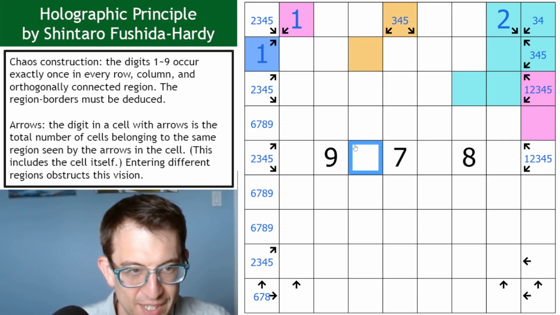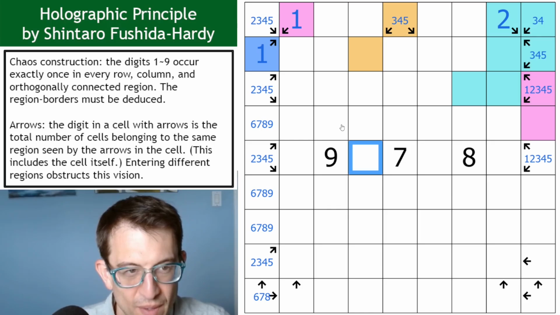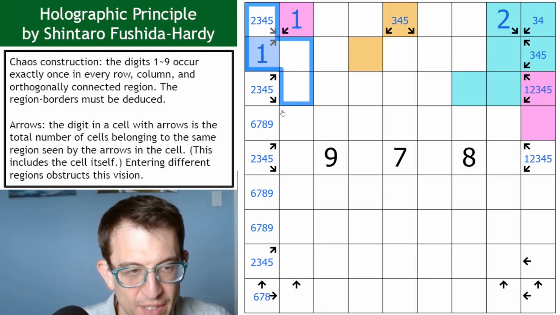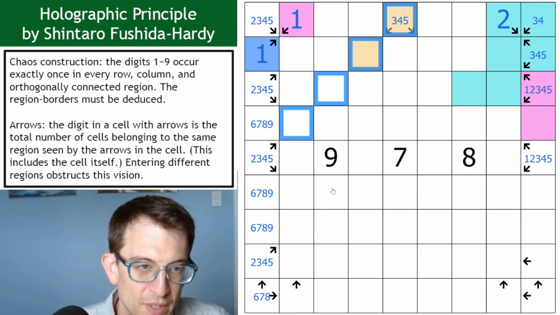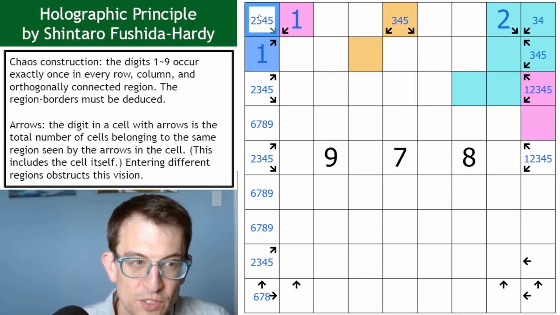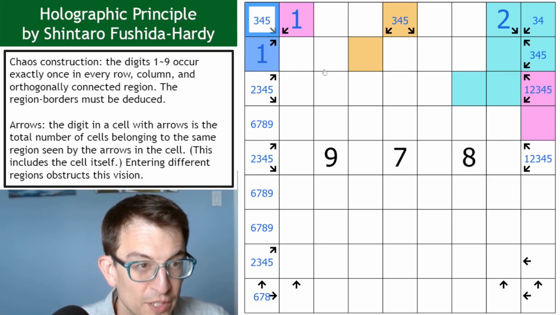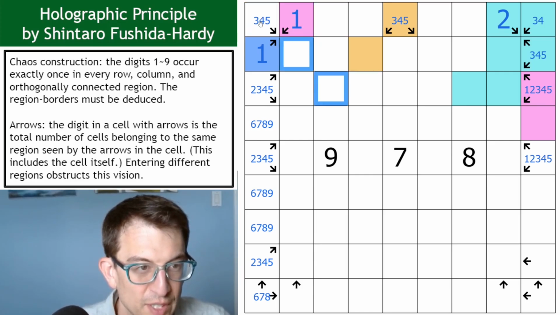So at least goes to here. I'm guessing pink actually is going to be orange, and that's going to force this to go down here. But we'll see. And now if this is 5, it goes to at least here. Oh, this isn't 2 anymore. This isn't 2 anymore. So this goes to at least here, actually.